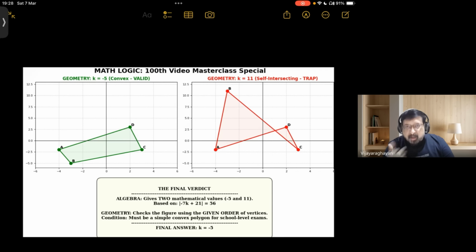So after getting the values, you plug the missing value into the vertices, draw the graph, and finally see which is the valid one. Algebra ensures correctness, and geometry validates the shape. Both are correct algebraically, and geometry validates.